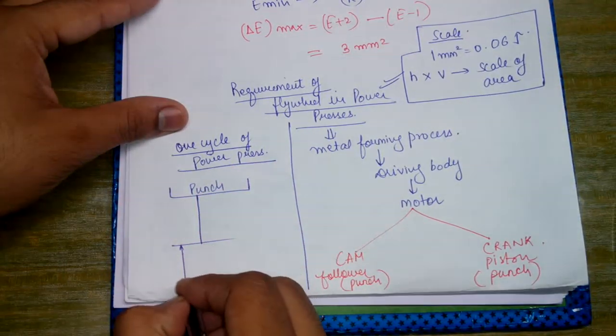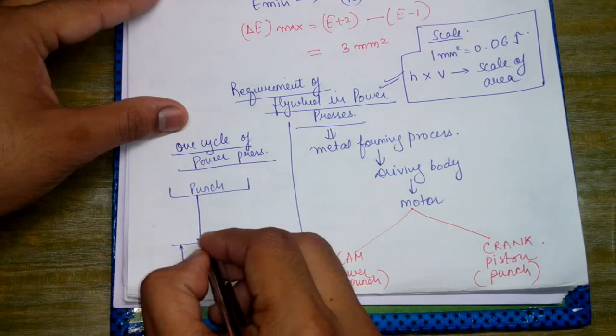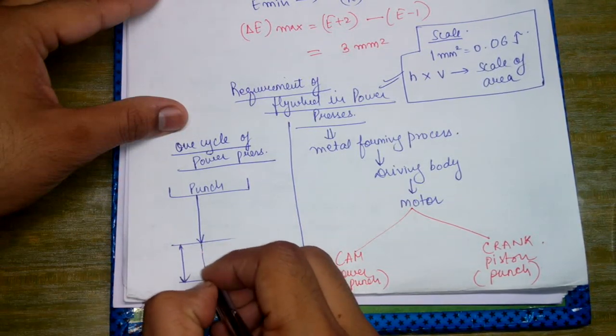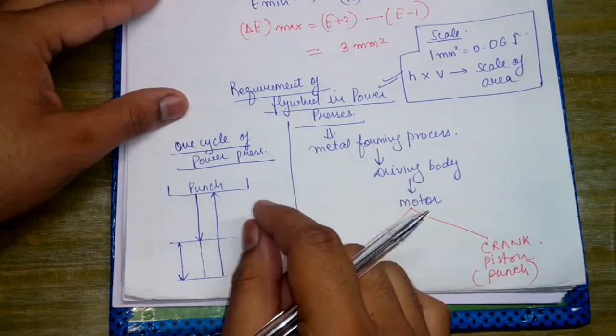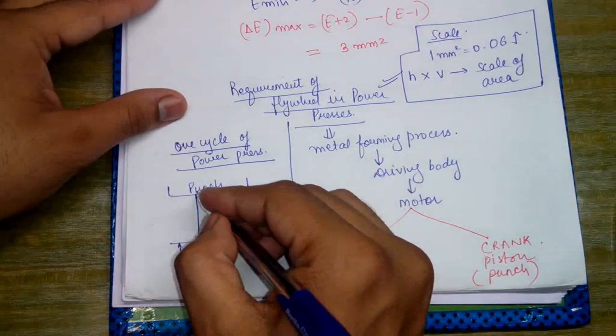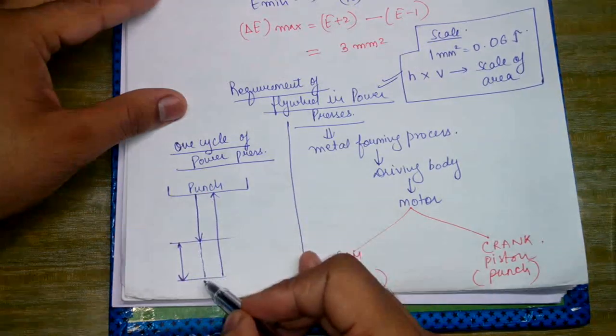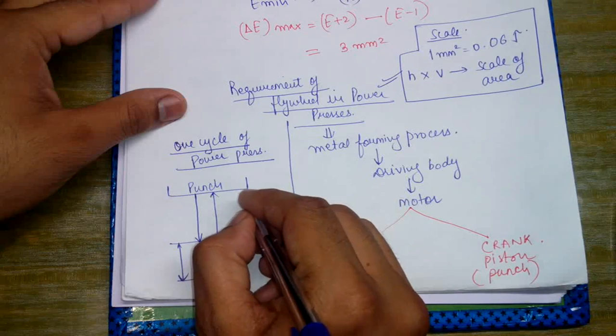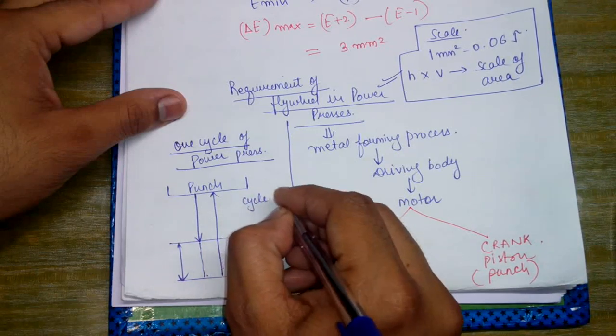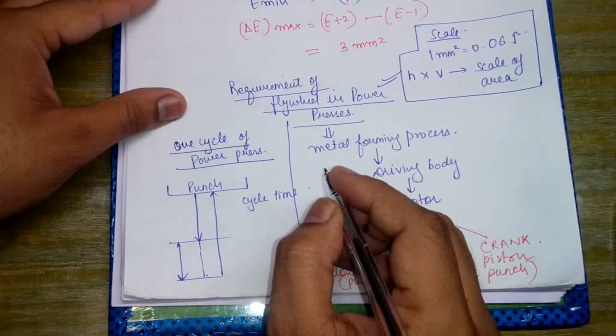This is the depth of the surface. So it is first coming here and then penetrating down, and again it has to go up. When it goes fully down and comes fully back up, that would be called one cycle, and the time corresponding to one cycle is called the cycle time.